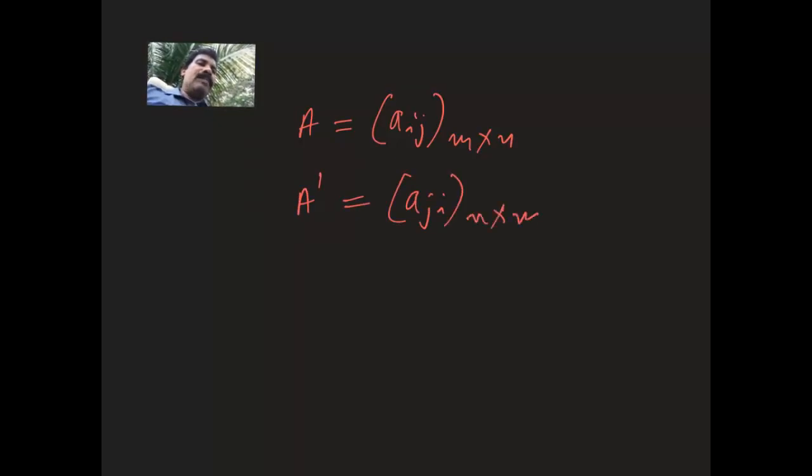That is why we say if A is equal to Aij of order m by n, then A dash will be Aji of order n by m. So the ijth positioned element in capital A becomes the jith positioned element in A dash.